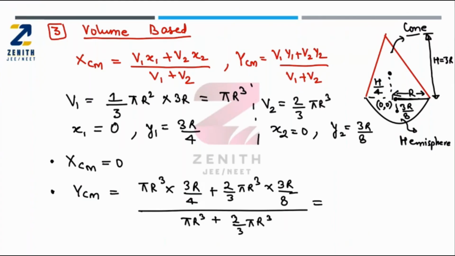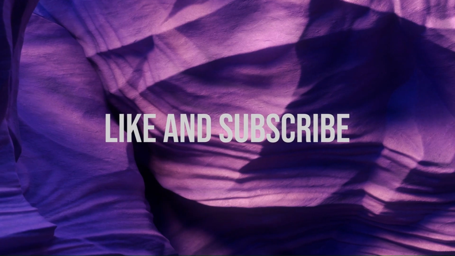Once you solve, you will get 3r by 5. So the center of mass of this complete composite, a three-dimensional body, because the hemisphere and the cone are 3D bodies, which is why I have taken volume, is at 0 and 3r by 5.